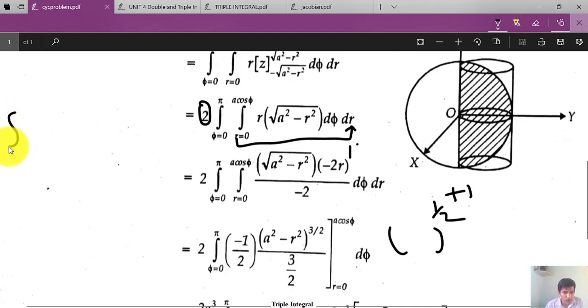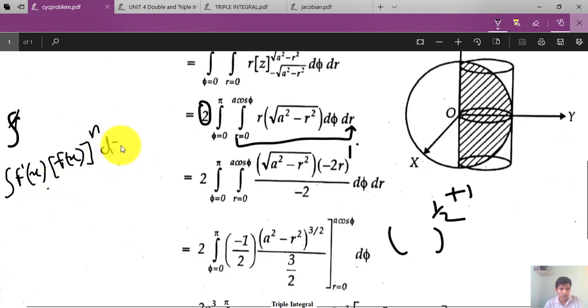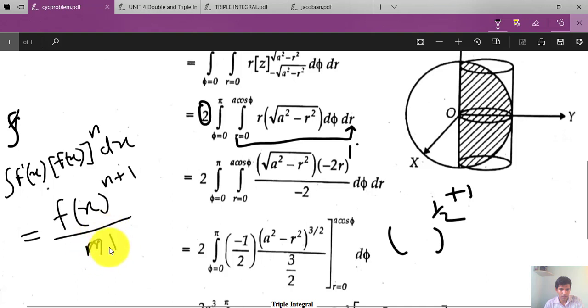The integration of f dash of x and f of x raised to n into dx will always give you f of x power n plus 1 divided by n plus 1.